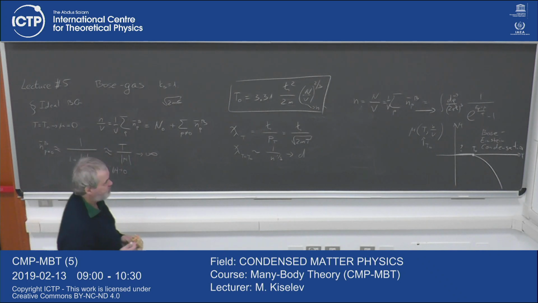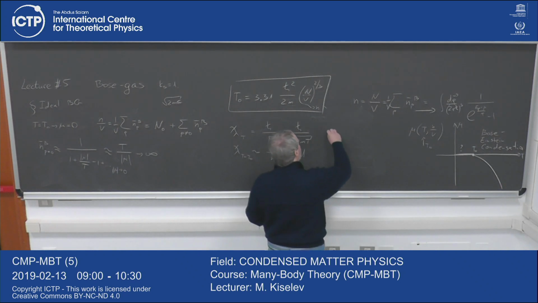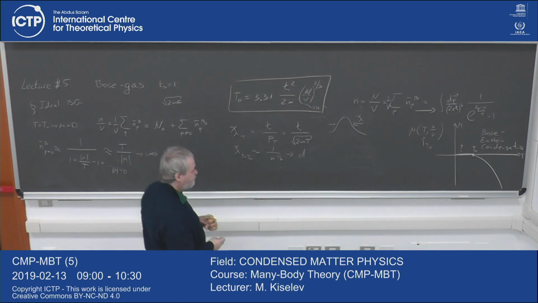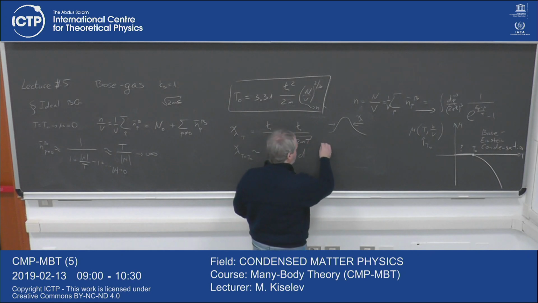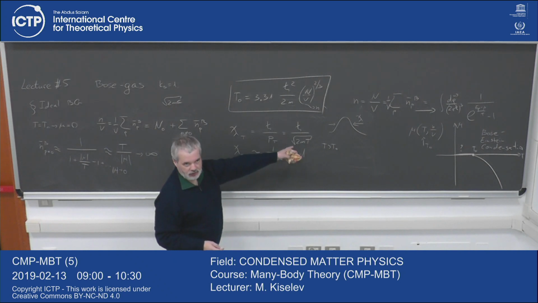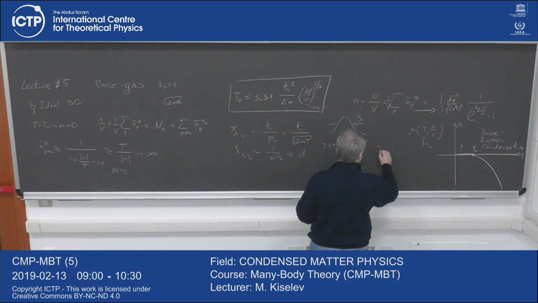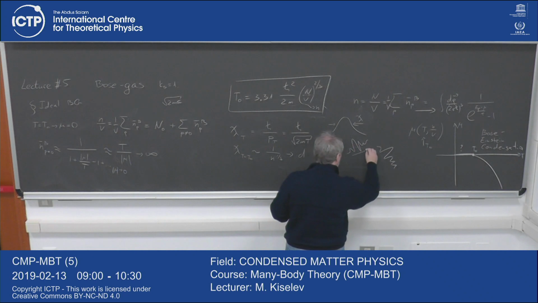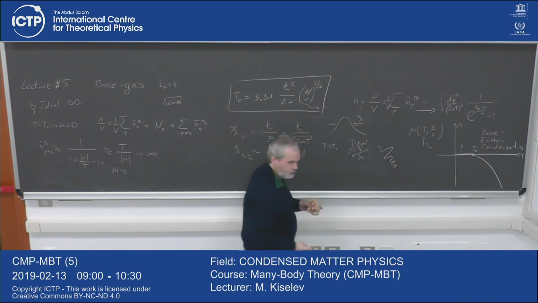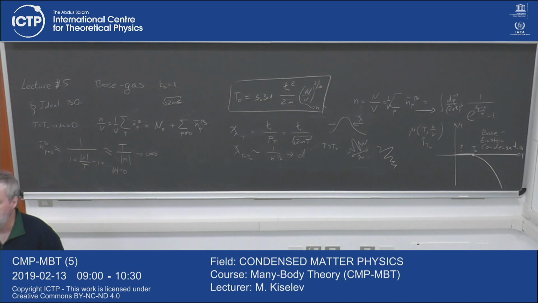So let's visualize this picture in such a way that the de Broglie wavelength characterizes the size of the wave packet. So if the temperature is larger than T_0, then the de Broglie wavelength is smaller than the interatomic distance. So this is lambda T. You remember that quantum mechanics tells us that there is a wave-particle dualism.